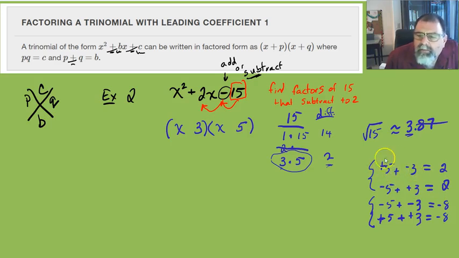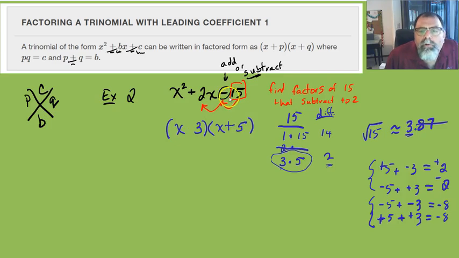The 5 is larger than 3, so I take the sign of 5. Going back to this idea up here, when I'm adding these numbers I want to get a positive 2. So the bigger number, the 5, gets the positive.